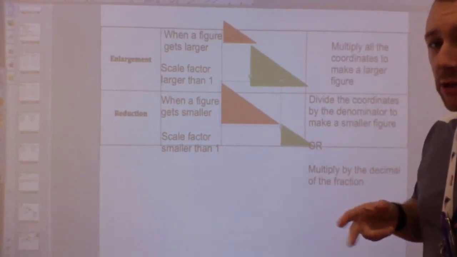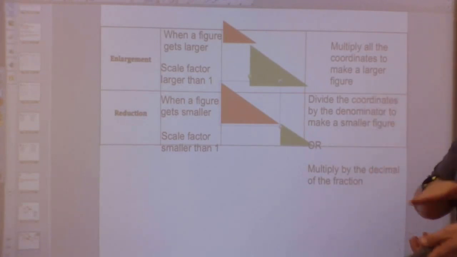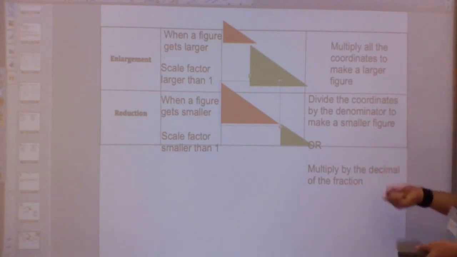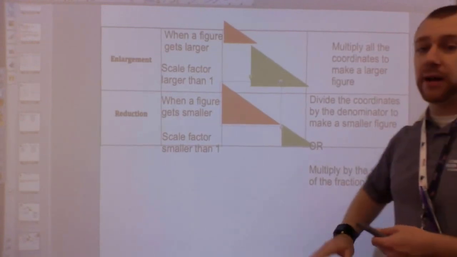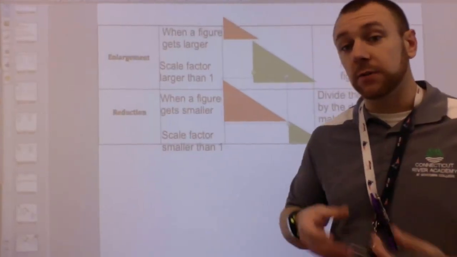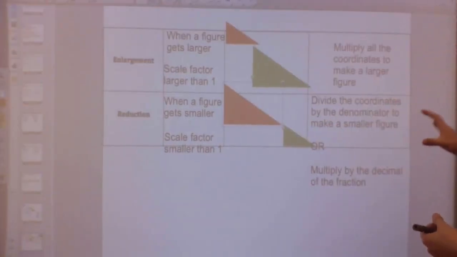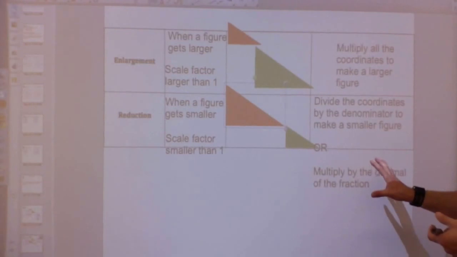There are two ways of doing it. You can either divide the coordinates by the denominator, the bottom number of the fraction, to make the figure smaller, or you can multiply by the decimal. So if 1/2 is 0.5, you can multiply the coordinates by 0.5. That is how you do this on the coordinate plane.